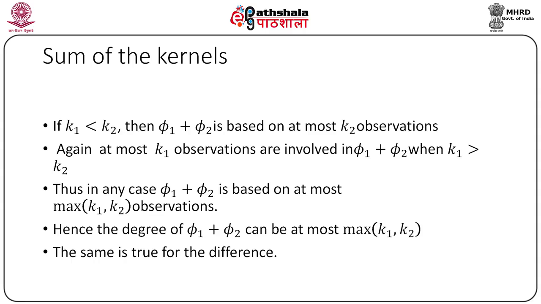Suppose we have s kernels phi1, phi2, ..., phi s with degrees k1, k2, ..., ks. Then the degree of the summation of phi i from i equals 1 to s, that is the sum of the kernels, cannot exceed the maximum of k1, k2, ..., ks, that is the maximum of the individual degrees.